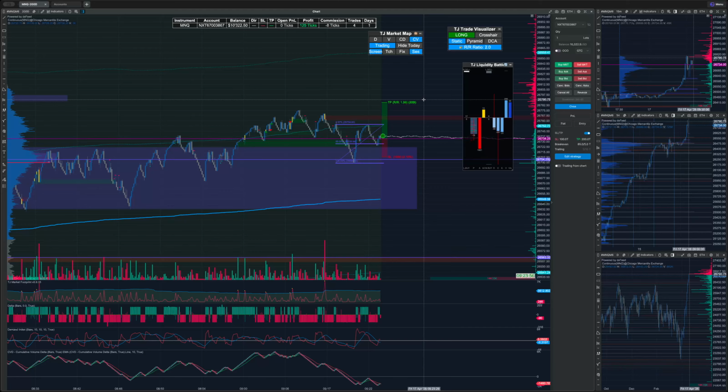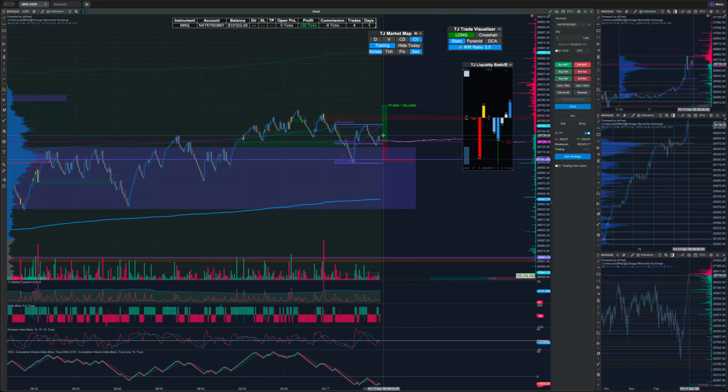If I would be in a trade now, I would get so nervous here. I would have entered here, and now the market goes against me, and then it was just going down, and then a little trend retracement, and then it goes back down here again. So even deeper than into the range.